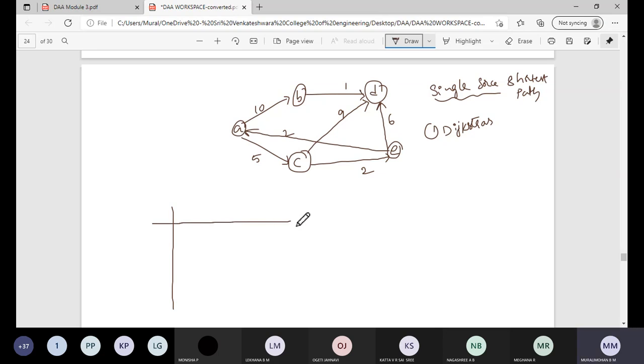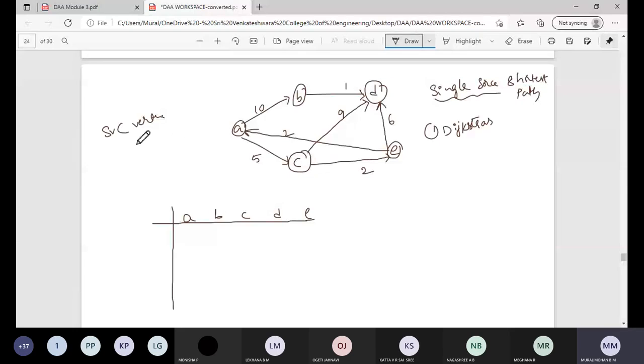So here let us take the vertices. We are having A, B, C, D, E, right? So here usually let us take the source vertex as A. Whatever vertex is given in the question paper, if it is asked to take the source vertex as C, then you should take that one.